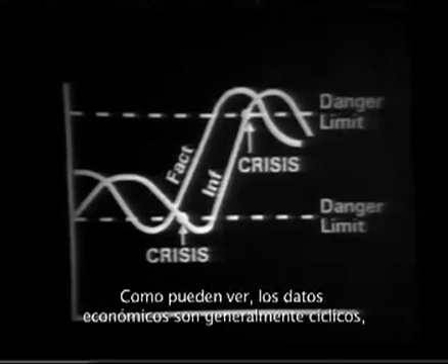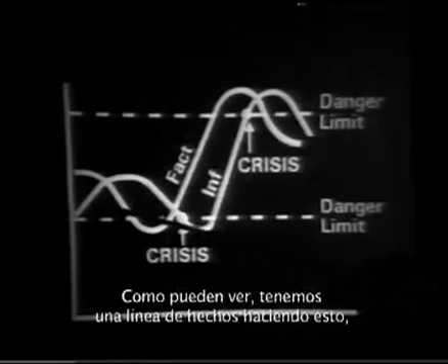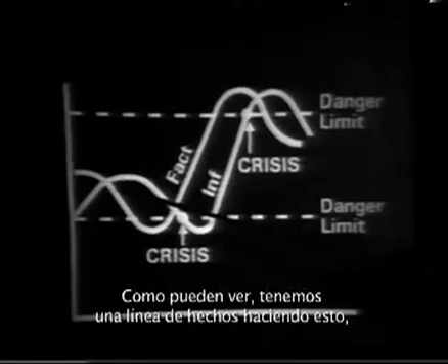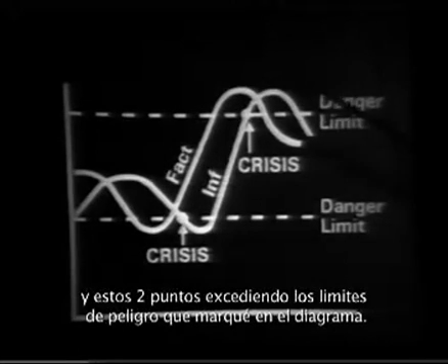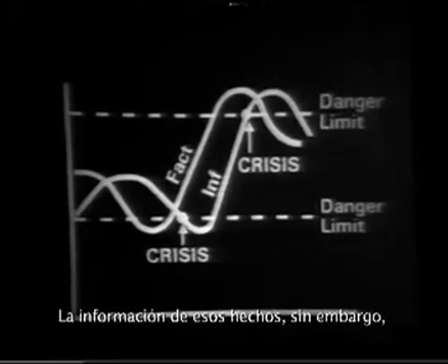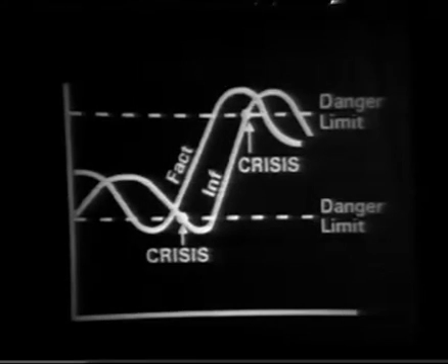As you can see, economic data is normally cyclical. We're used to that. As you can see, we have a fact line doing this, and at these 2 points exceeding the danger limits that I've marked on the diagram. The information about those facts, however, is lagged, as I've just said, by 6 or 8 months.